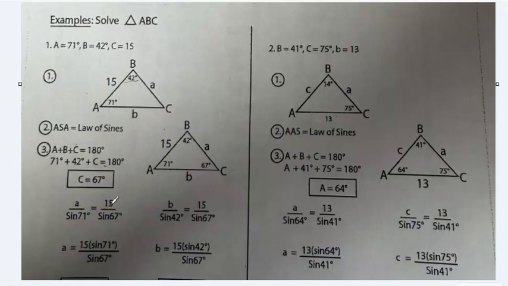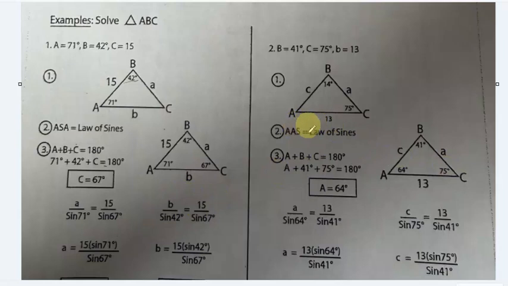And then I have B, over the sine of, wait, I'm sorry, no, 15 over the sine of 67. Or I could have set this up as B over the sine of 42 equals 15 over the sine of 67. Then I can cross multiply and I can find B.